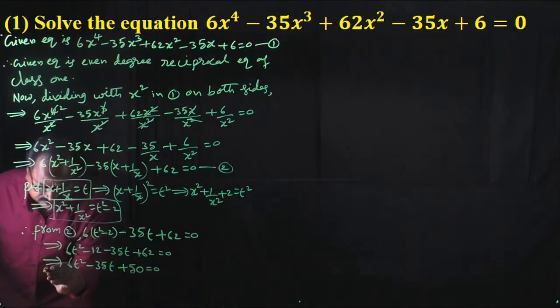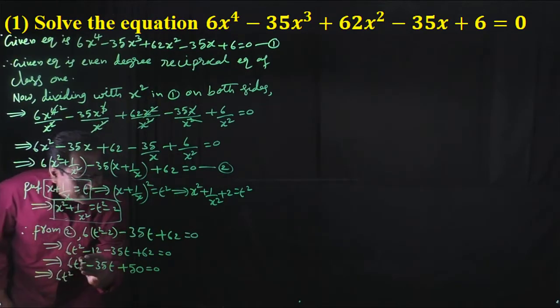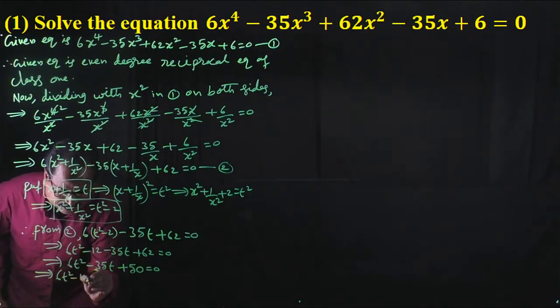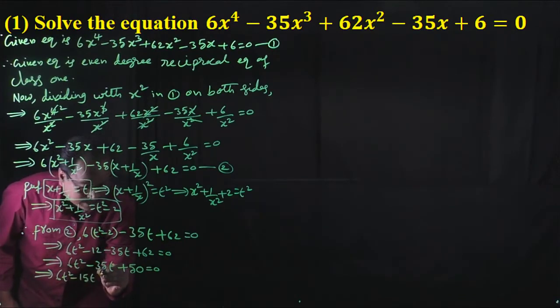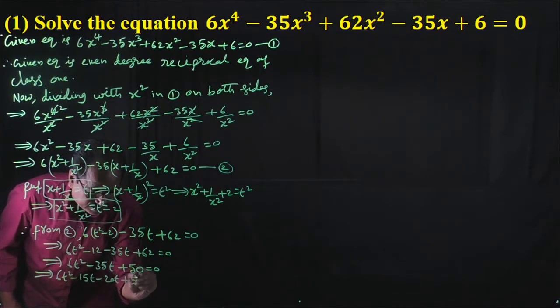So the factors are 6t^2 - 15t - 20t + 50 = 0.